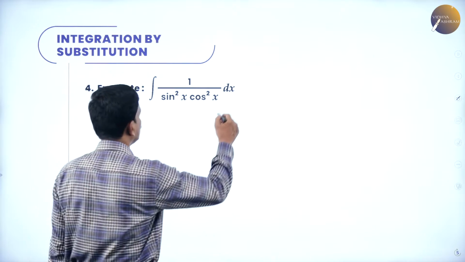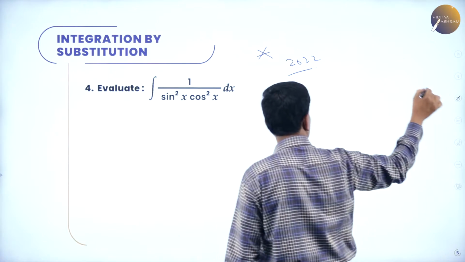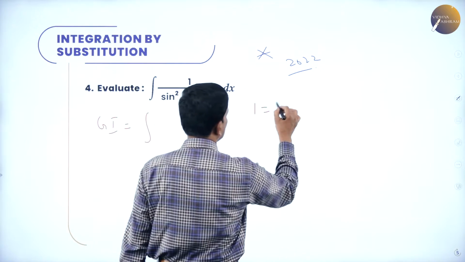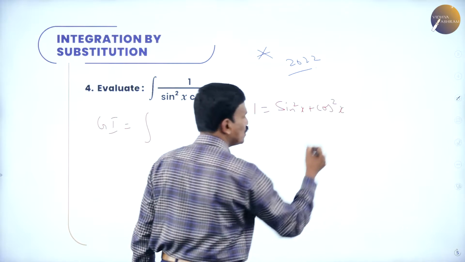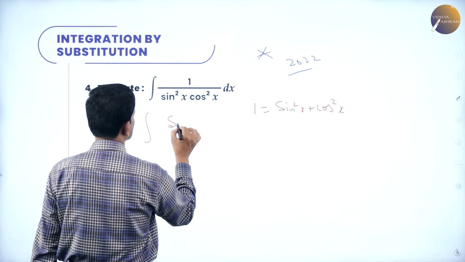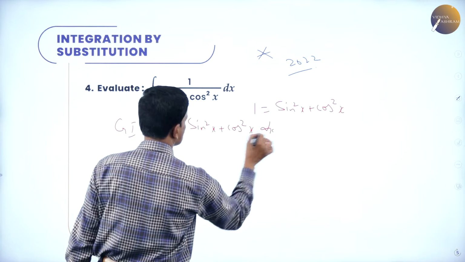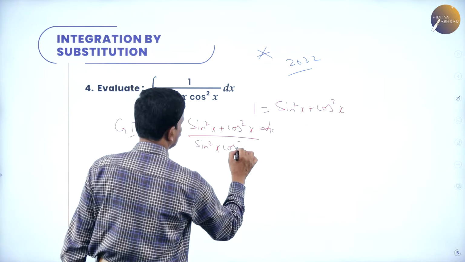Now this is also a very, very important problem indeed. You may expect this for your 2022 examination. Now very simple. For this, 1 can be written as sin square x plus cos square x. Sin square theta plus cos square theta is 1. So sin square x plus cos square x, dx divided by sin square x into cos square x.